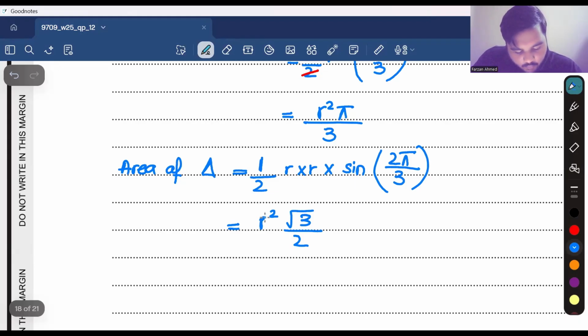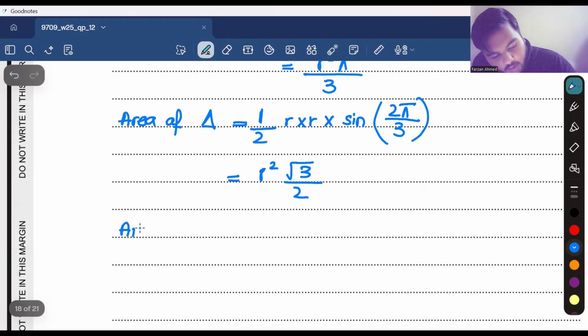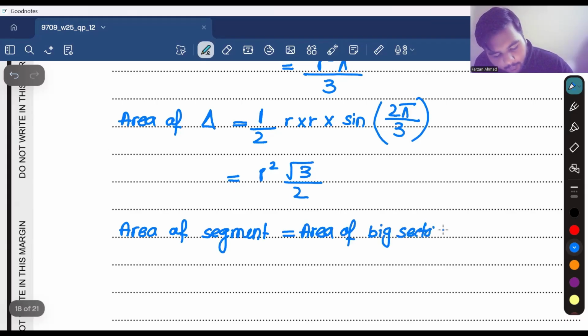Now we have to find the area of the segment: area of big sector minus area of big triangle.